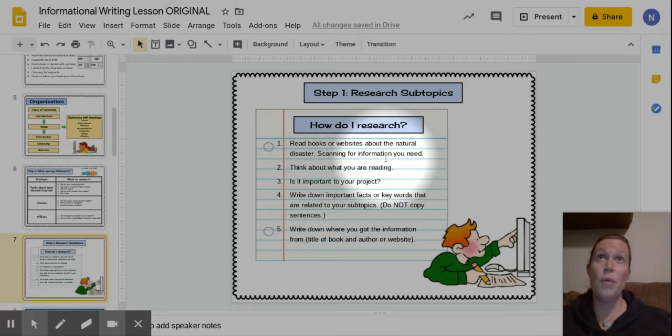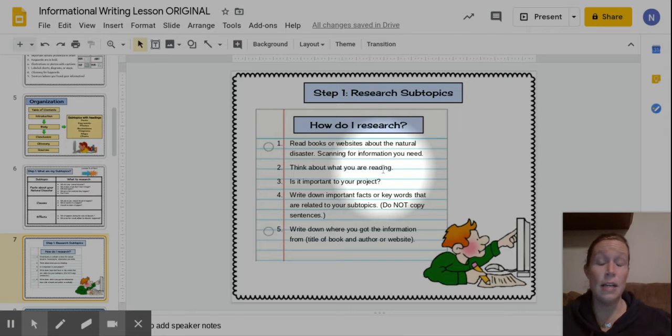If I want to know how big your natural disaster is, just scan for size. Scan for that chapter using the table of contents or using subtopics. Do not read every word, okay? Think about what you're reading. Is this the paragraph I need to find my information?